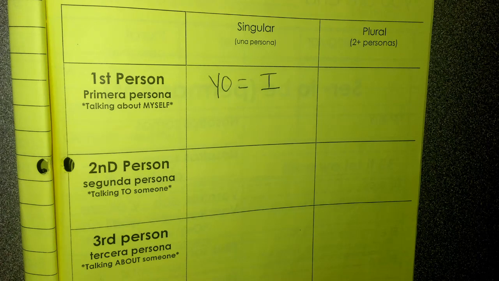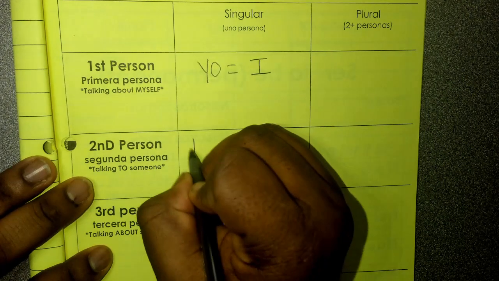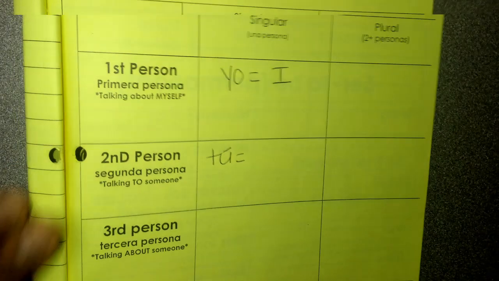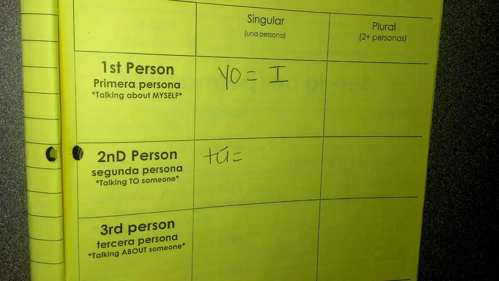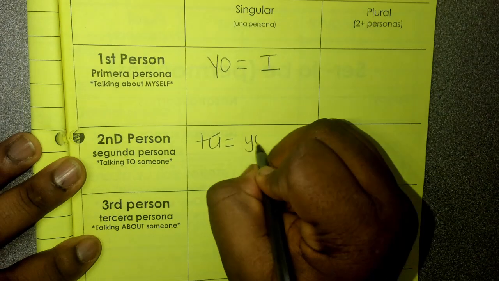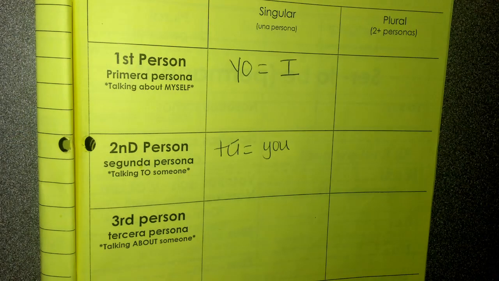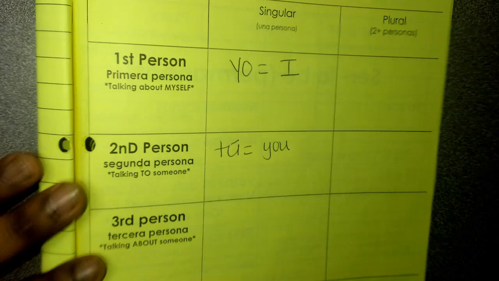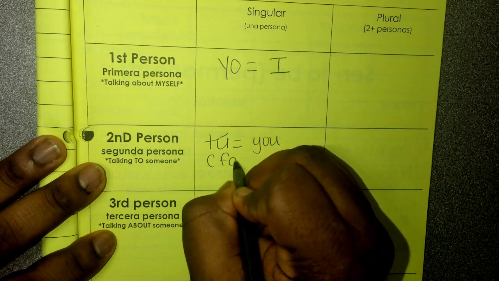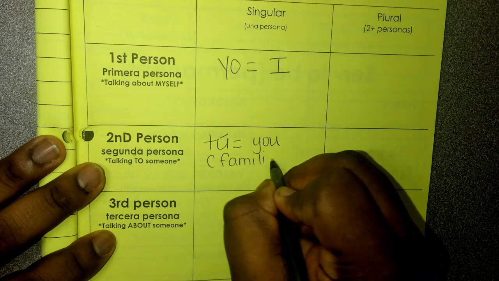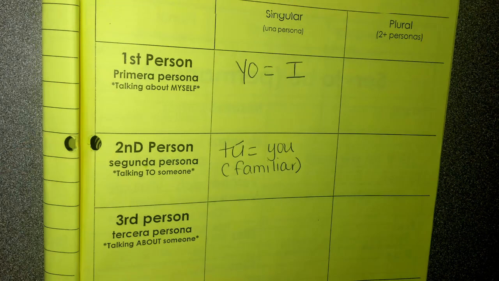Now, second person means you're talking to somebody, and this is where we use the subject pronoun tú. Who remembers what tú means? You. But specifically you, what does it mean? Is it familiar? Are we friendly? Are we formal? When do we use the subject pronoun tú? When you're talking to your friend, right? So tú is used for when you're familiar. Okay.